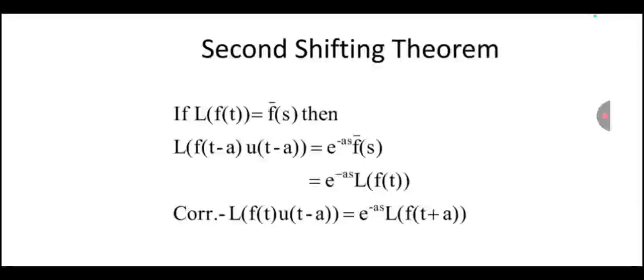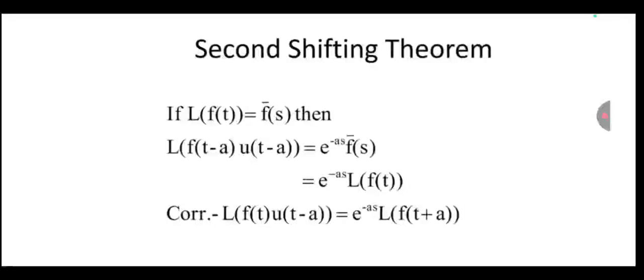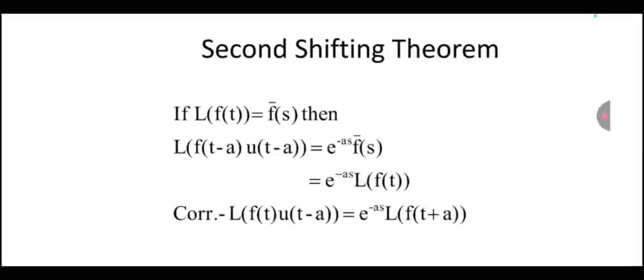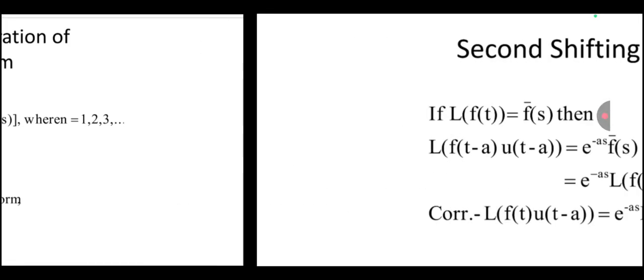Corollary: L of f of t into u of t minus a equals e power minus as into L of f of t plus a. So this is the second shifting theorem. See the example.